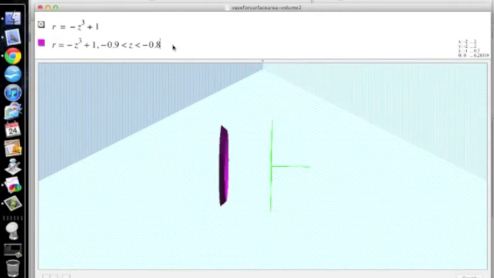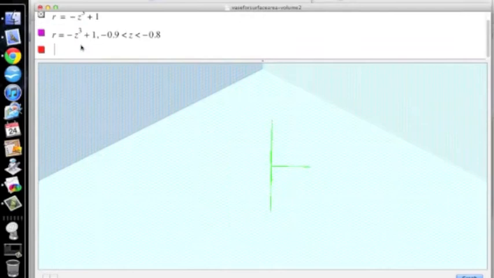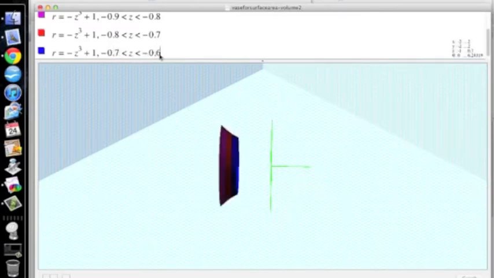And so I could add up all of these strips. You can see that I can take my little pink strip, and my red strip, and my blue strip, and I could keep adding strips.